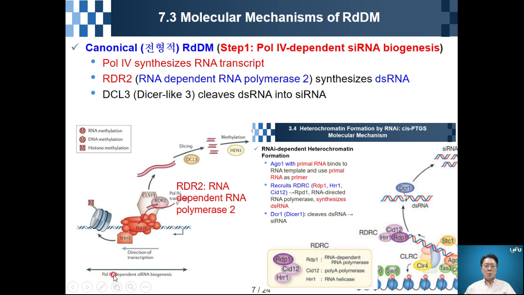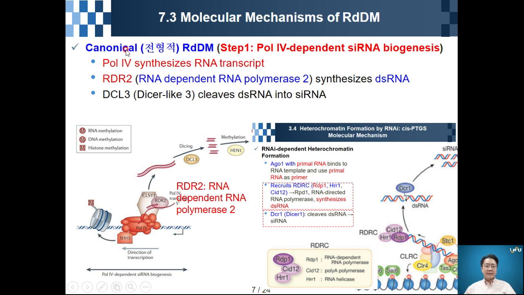Previously we learned about RDRC. RDRC synthesizes double-stranded RNA because it has RDP1, an RNA-dependent RNA polymerase. After that, RDRC makes the double-stranded RNA, and DICER1 cleaves the double-stranded RNA to make siRNA.